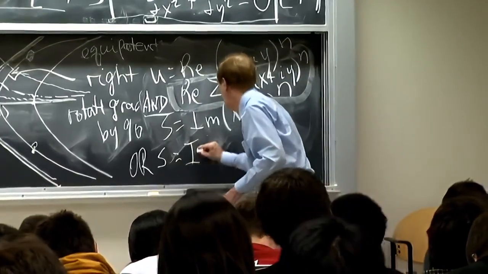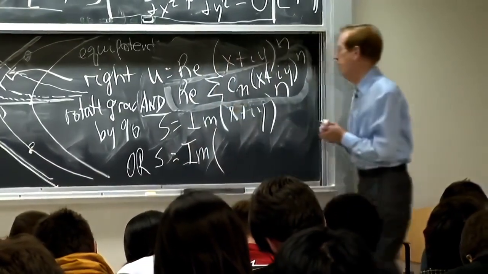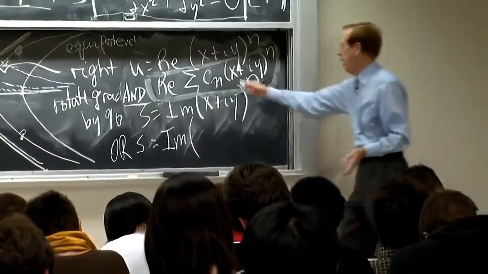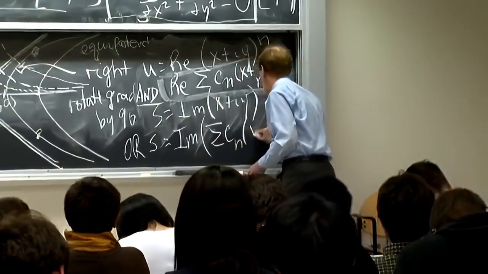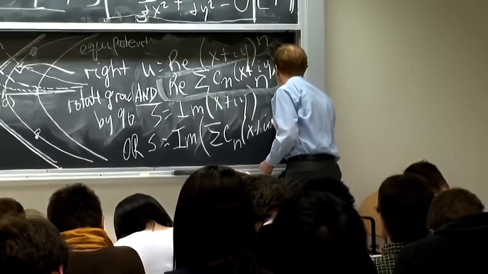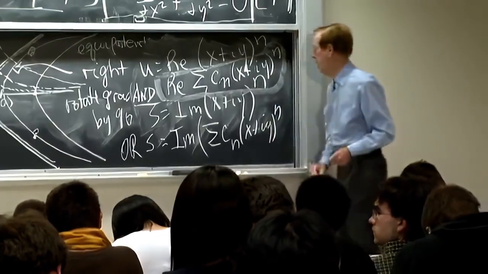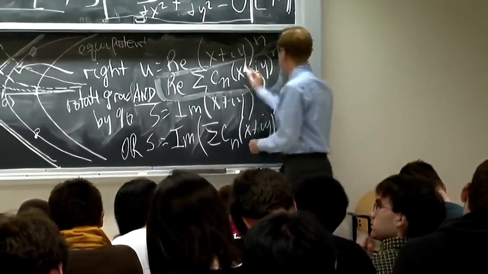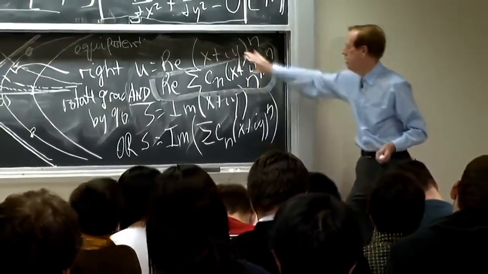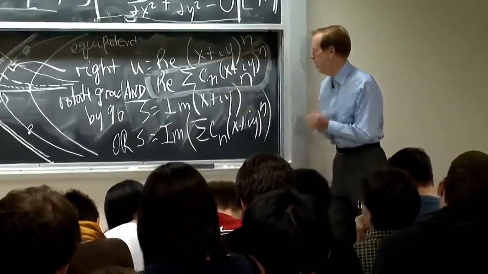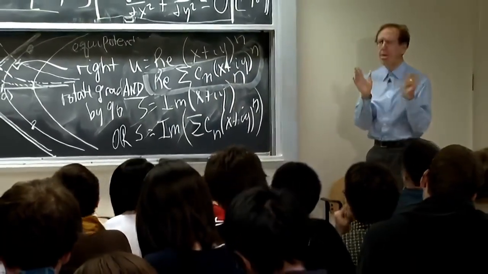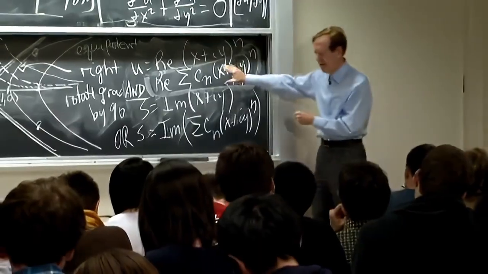It's the imaginary part of what? The same thing. We're just taking that same combination of the special ones. So the special ones were x plus iy to the nth, and the combinations are those. Yeah, these are fantastic solutions.